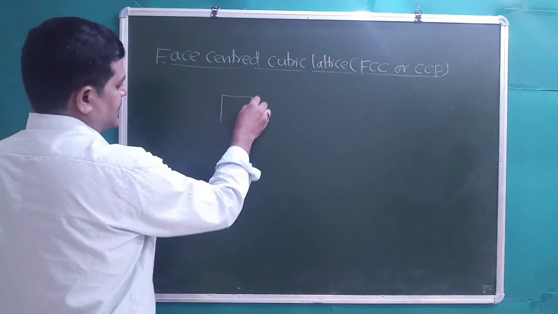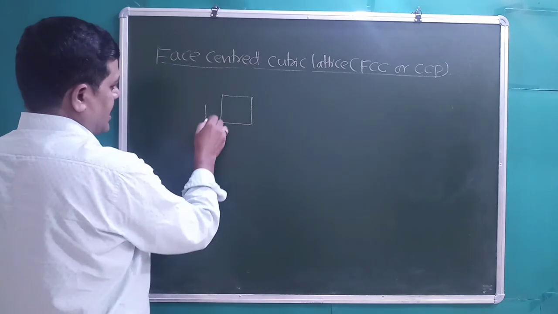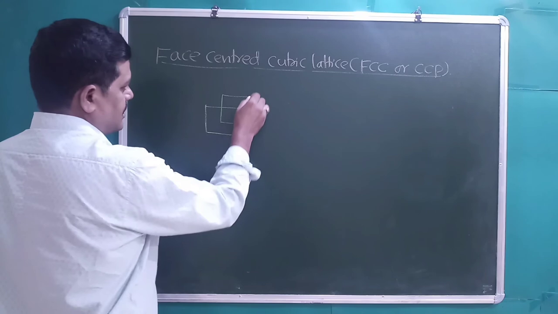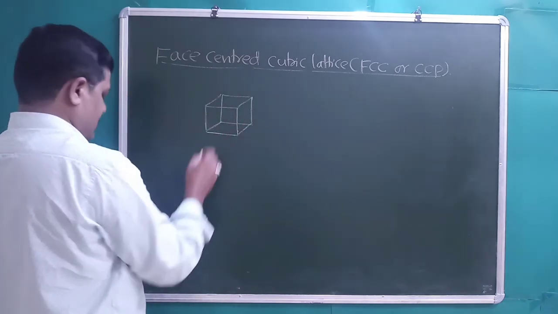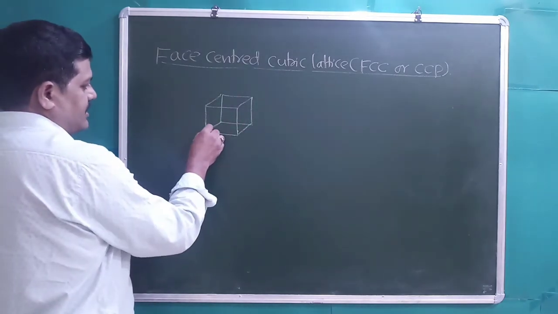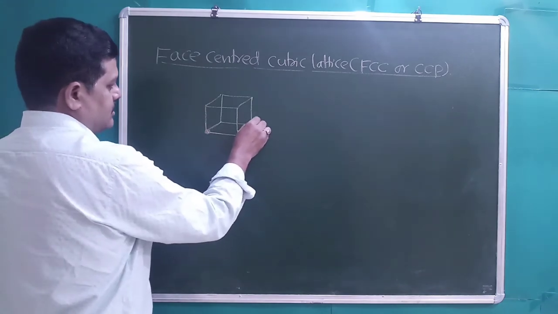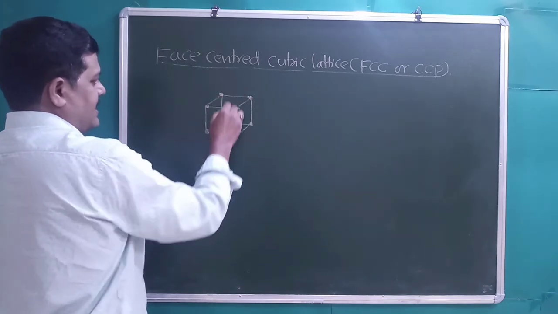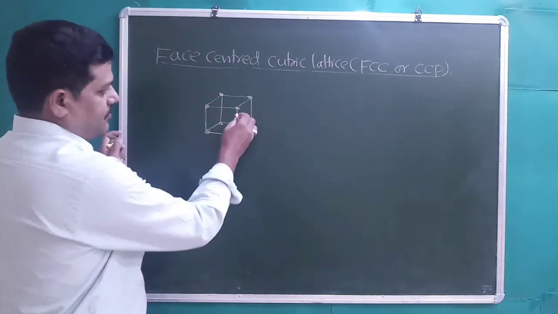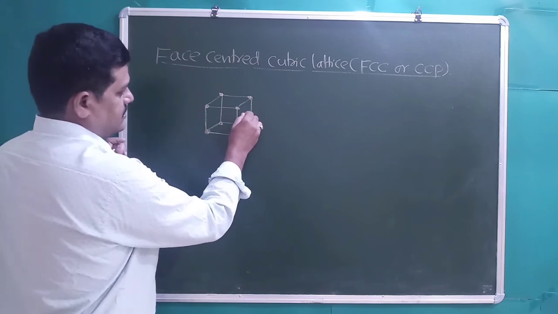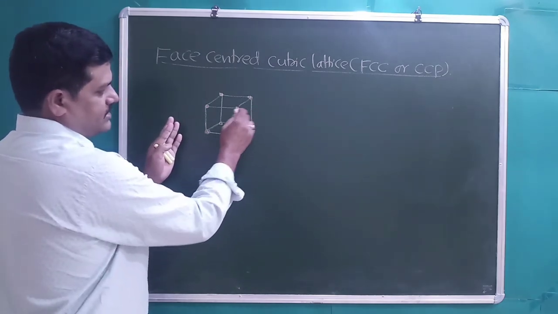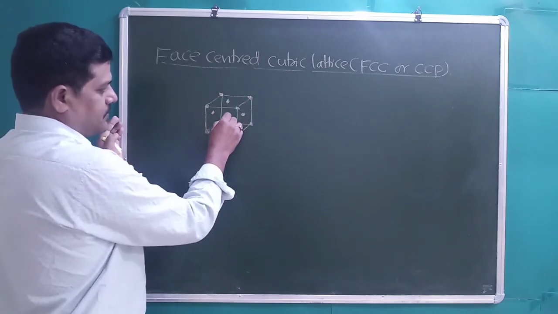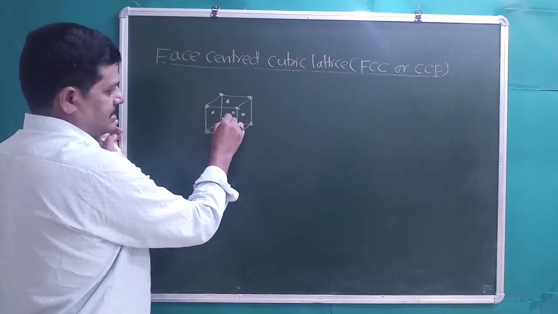Lattice points are present at corners as well as at all the face centers. A cube has 6 faces. 8 corners are occupied by 8 atoms, and each face center also has a lattice point, right? Right side face, left side face, top face, bottom face, front face, and back side face, right?